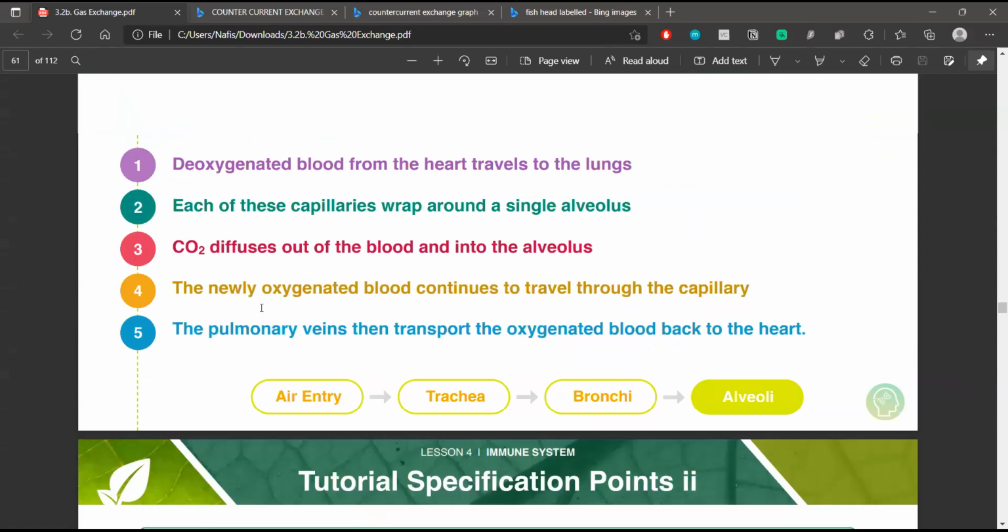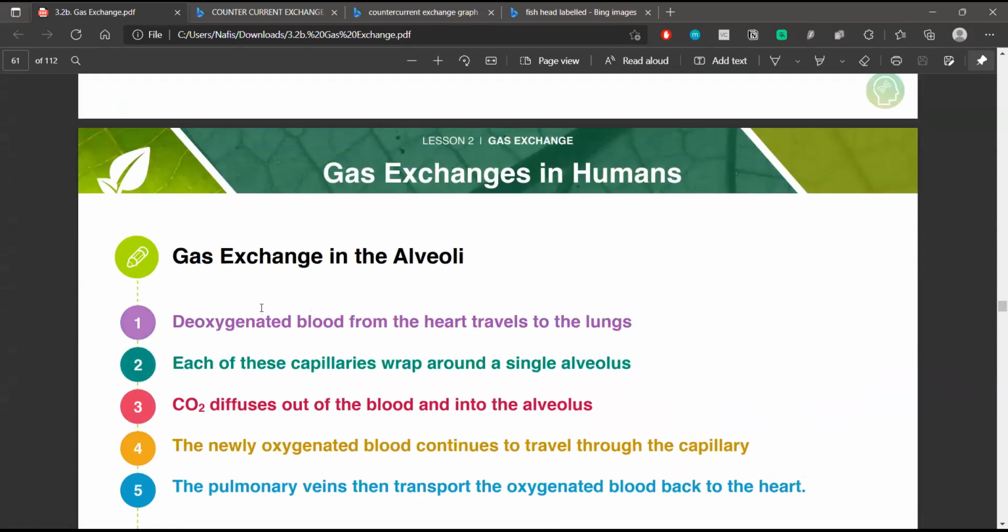So the last thing I want to do is I want you all to list one specialization of alveoli which helps them perform their function. Thin wall.